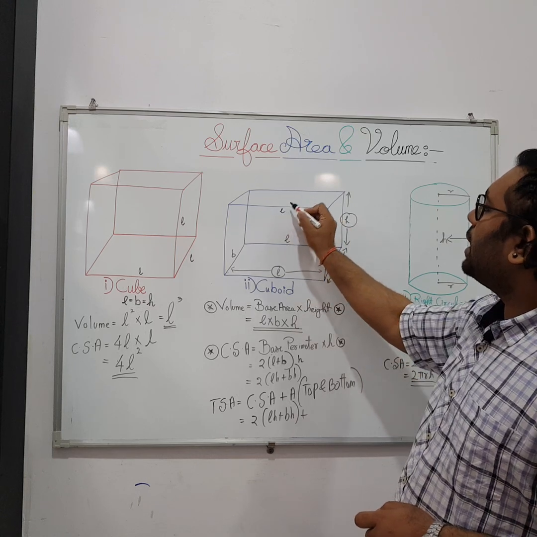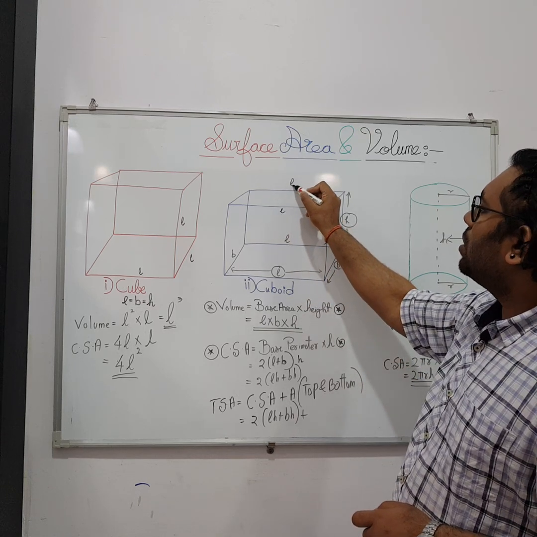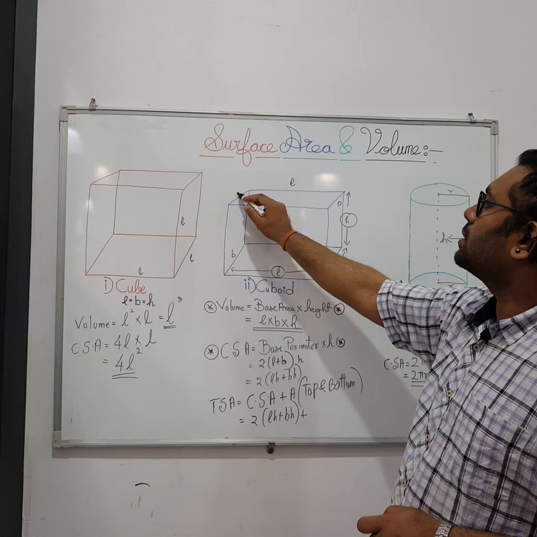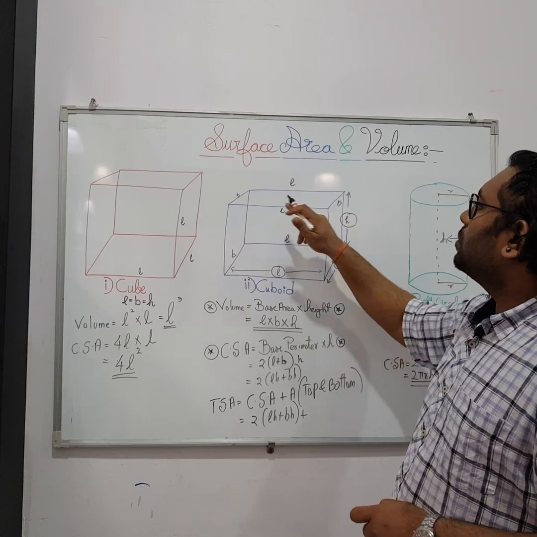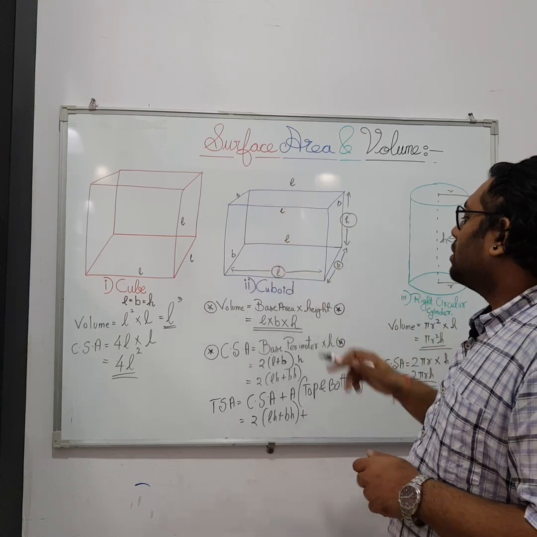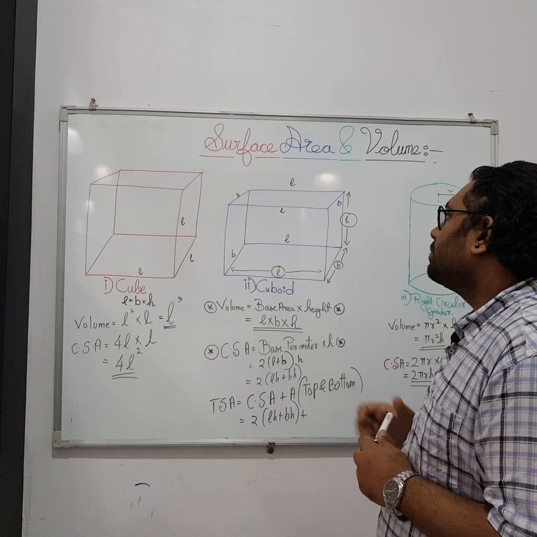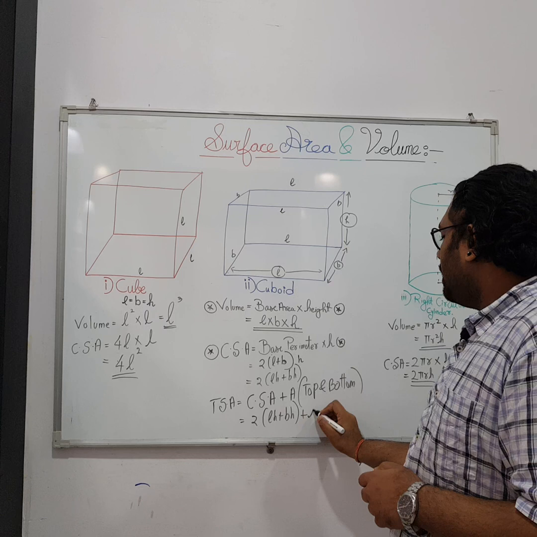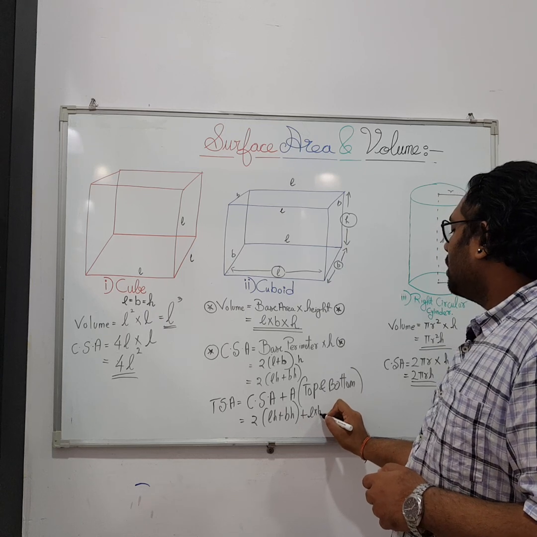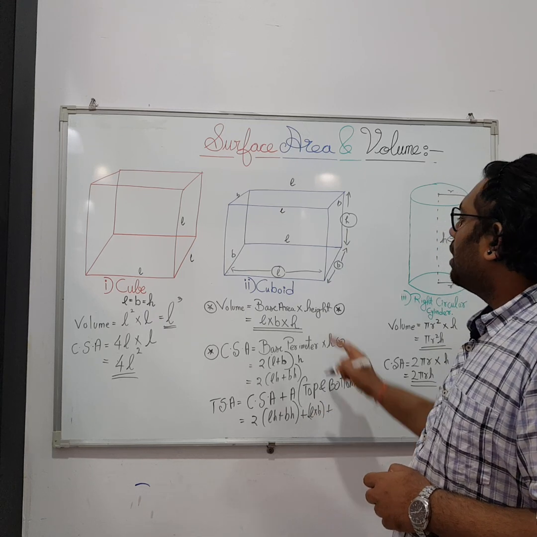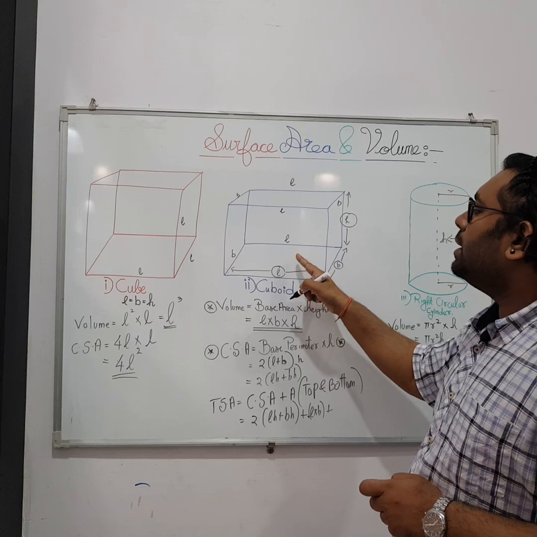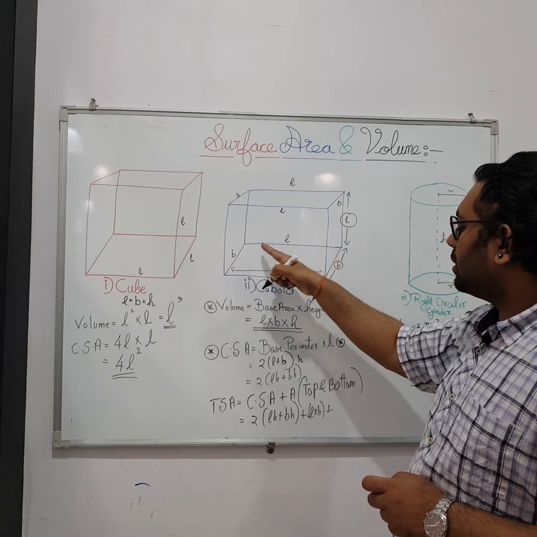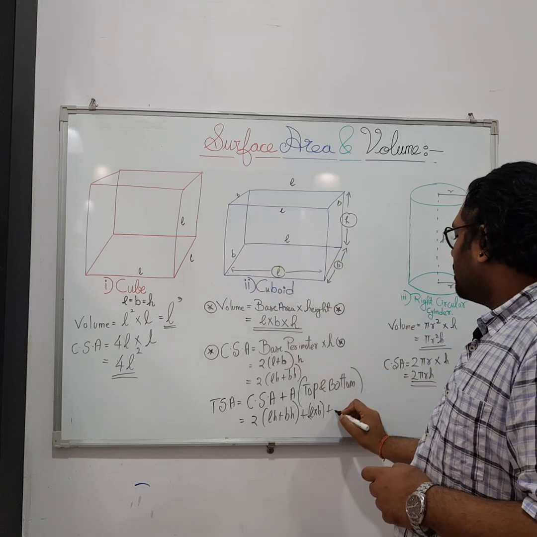We know that this is length and this is also length, and this is breadth and this is also breadth. So the top of a cuboid is nothing but a rectangle. So the area over here is nothing but length into breadth, and bottom area will also be L into B since it is a rectangle.